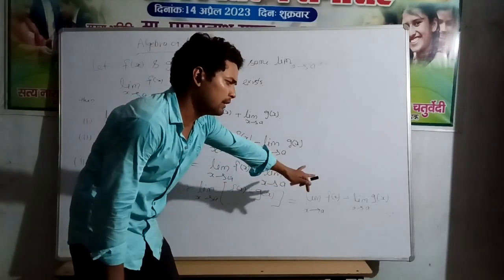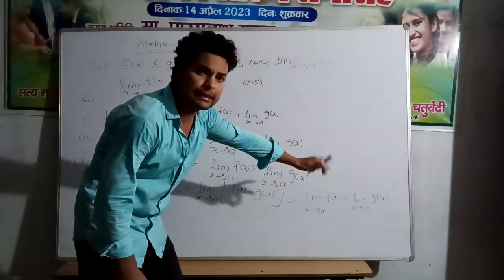The limit x tends to a of f(x) divided by the limit x tends to a of g(x).